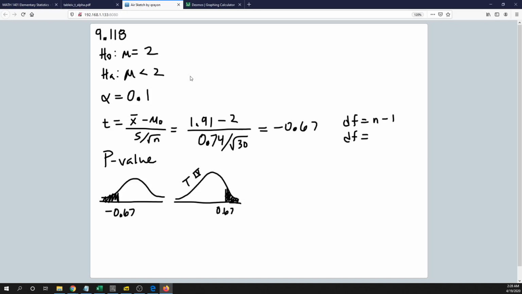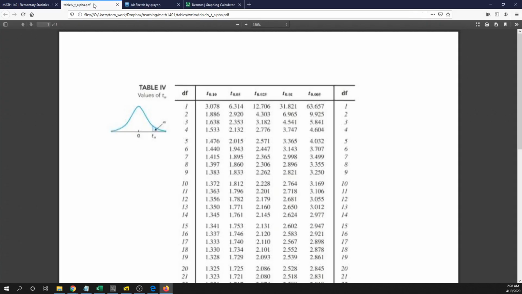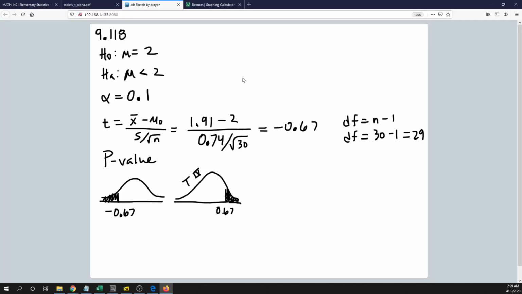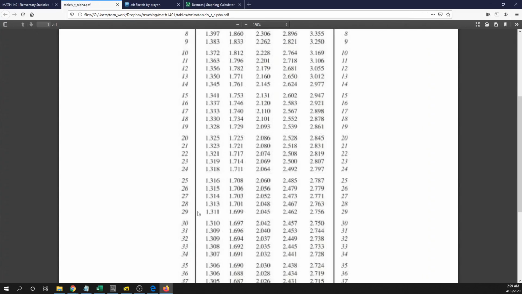Our sample size is 30, so our degrees of freedom is 29. So we go look at the row corresponding to 29 degrees of freedom, right here. We are looking for a t value of 0.67.